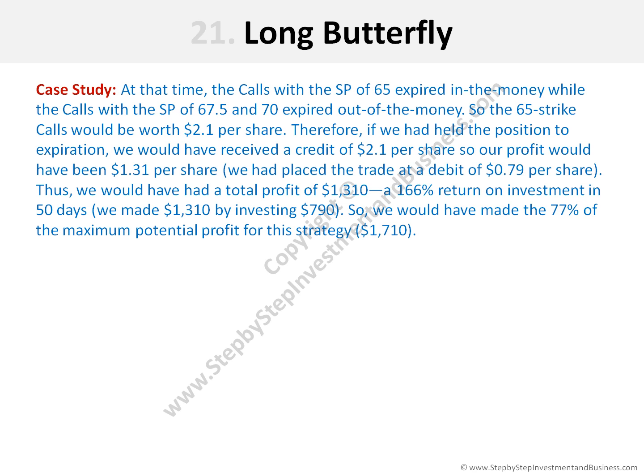Therefore, if we had held the position to expiration, we would have received a credit of $2.1 per share, so our profit would have been $1.31 per share, because we had placed the trade at a debit of 79 cents per share. Thus, we would have had a total profit of $1,310, making a 166% return on investment in 50 days.